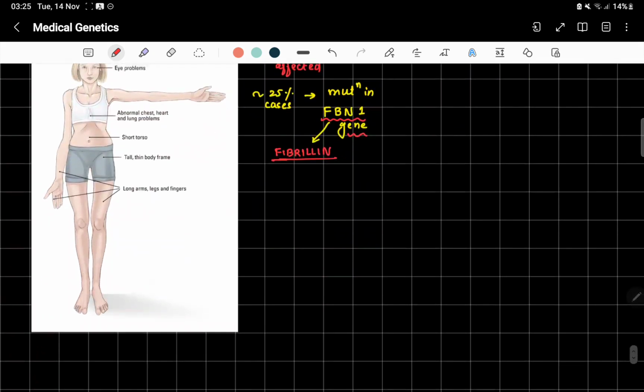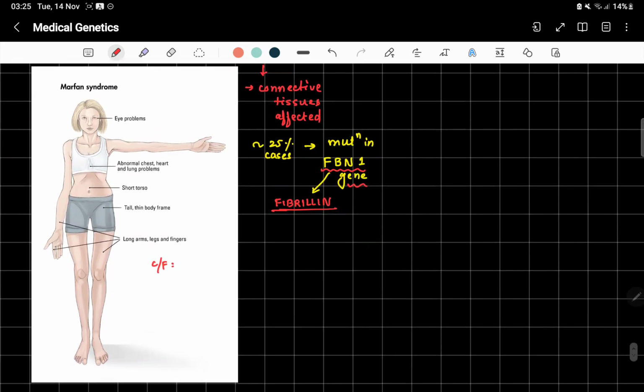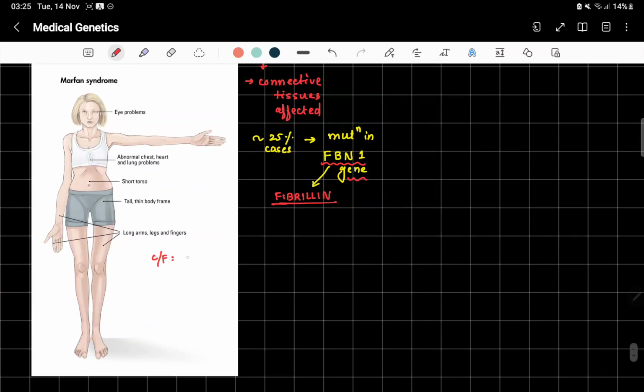So what are the clinical features of Marfan syndrome? The first one is disproportionately long legs and feet, long extremities. But the only thing is it is within proportion: the hands are long and the legs are also long, as in a normal human being.